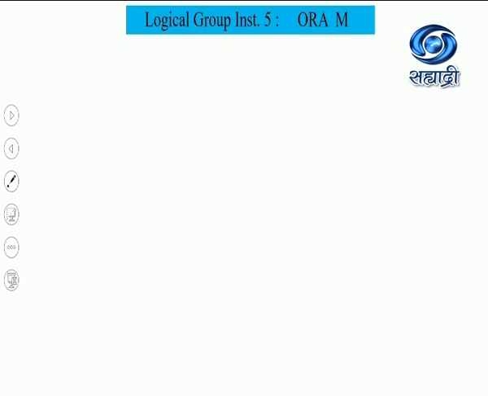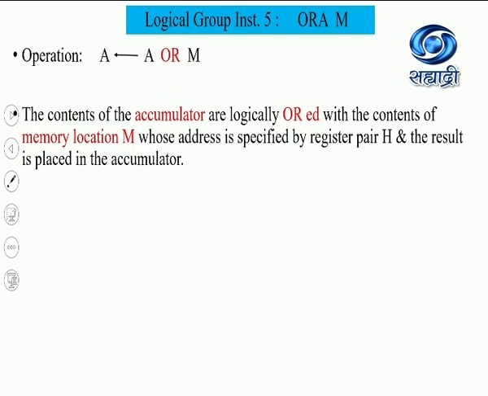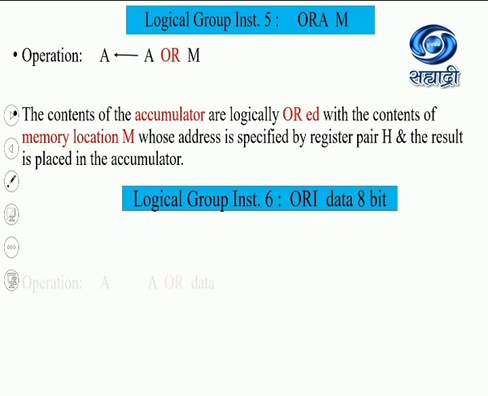Another instruction related to OR operation, ORA M. In this instruction, the contents of accumulator are logically ORed with contents of memory location M, whose address is specified by register pair H, and result is placed in the accumulator. ORI data 8 bit.